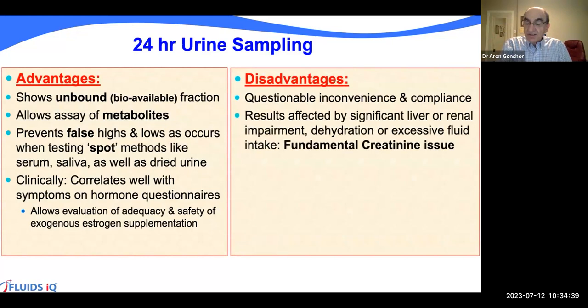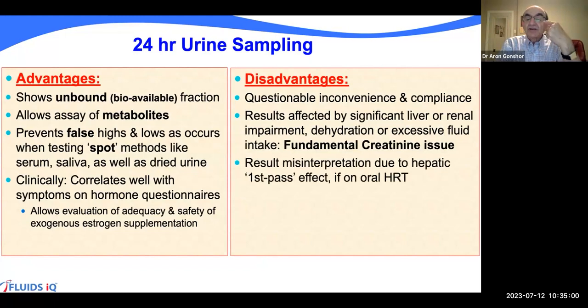The results can be affected, I don't care which urine technique, by significant liver or renal impairment, dehydration, keep that in mind, or excessive fluid intake. And that is a fundamental issue with what's called creatinine, which we're going to go into in a few moments. The results can be misinterpreted in some cases due to what's called the hepatic first pass effect.